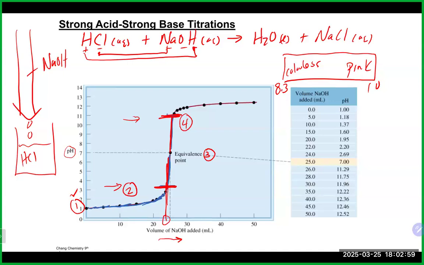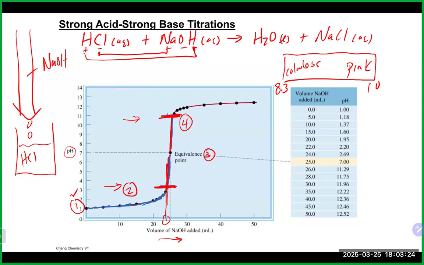And what you'll see in your indicator is it will go from colorless to, oh shoot, super dark pink. Then maybe you got a mean instructor that says that's too dark pink, you should retitrate. Anybody have a teacher like that that said you had to retitrate? You didn't really probably need to retitrate, by the way, just so you know. You probably were okay because your volume was really, really close.